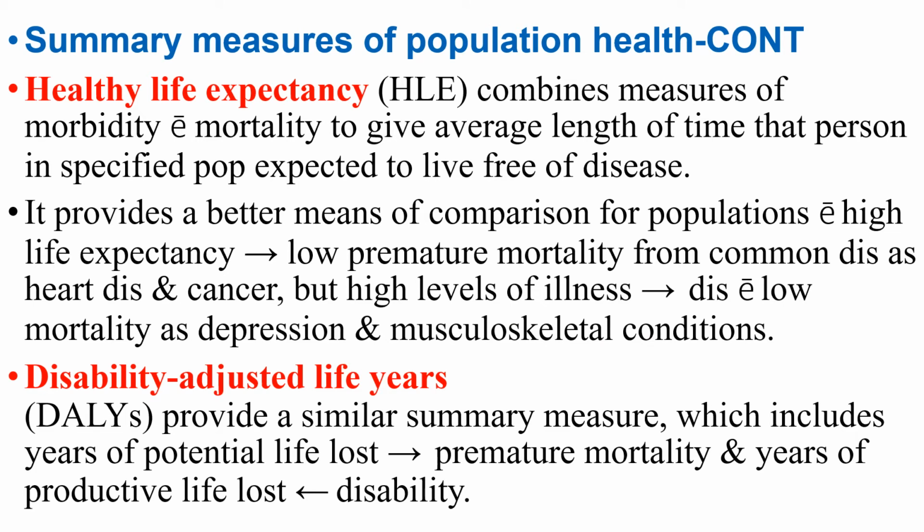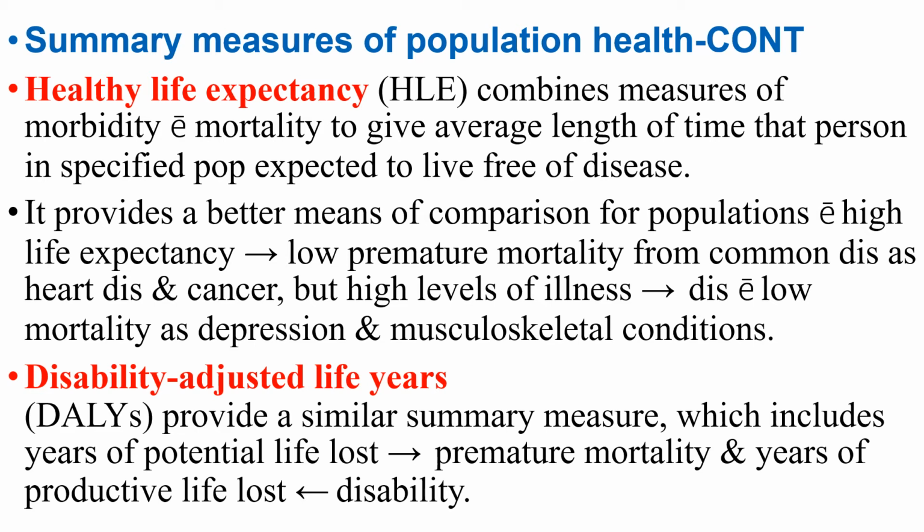Continued summary measures of population health. Healthy life expectancy, HLE, combines measures of morbidity with mortality to give the average length of time that a person in a specified population is expected to live free of disease.